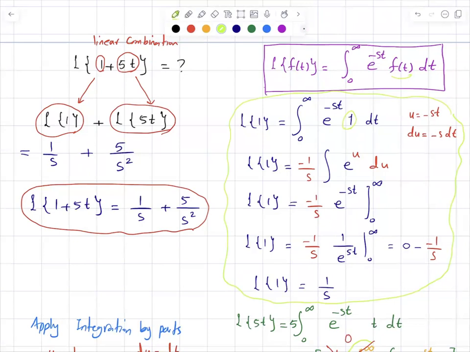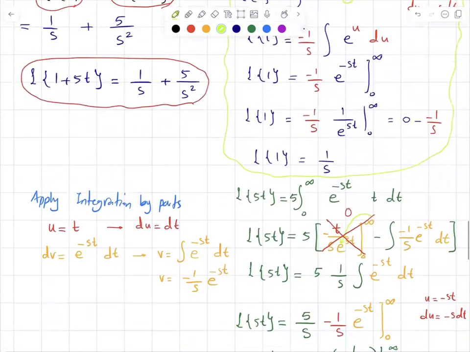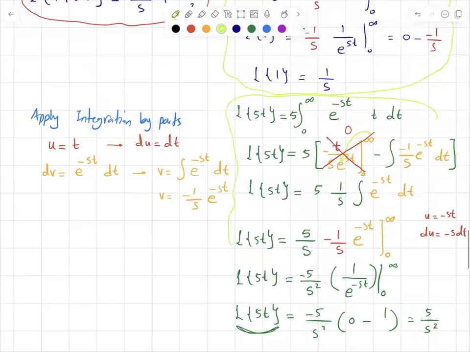So you're basically calculating the integral of e to the power negative st. For the Laplace transformation of 5t, the linear function, this is basically the same process, but here you're applying integration by parts, because you have t multiplied by e to the power negative st. So u is t and dv is e to the power negative st dt.